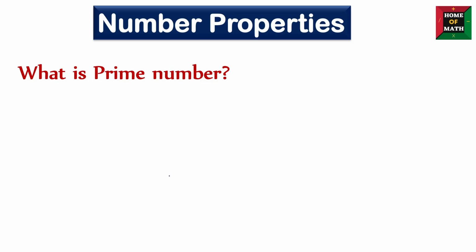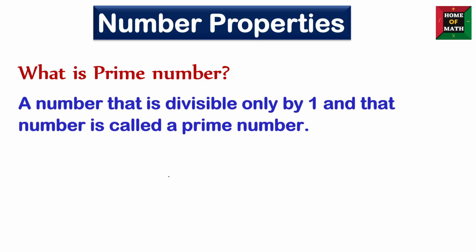What is a prime number? A prime number is a number that is divisible only by 1 and that number.